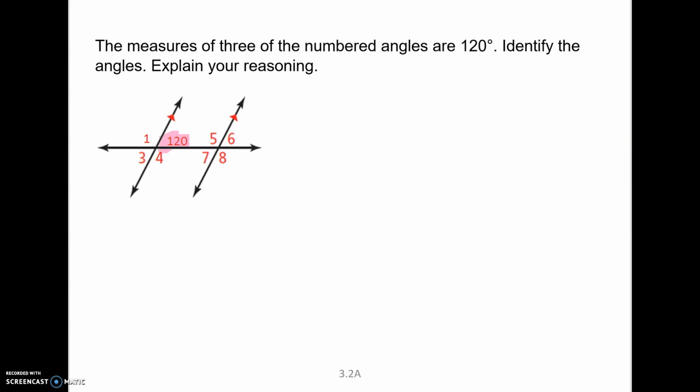And then my sentence says 3 other angles should also be 120 degrees. Okay, so most of you can probably see the first one. So angle 3 is equal to 120 degrees because those 2 are vertical angles, so VAT. Okay, so now this is 120 as well.